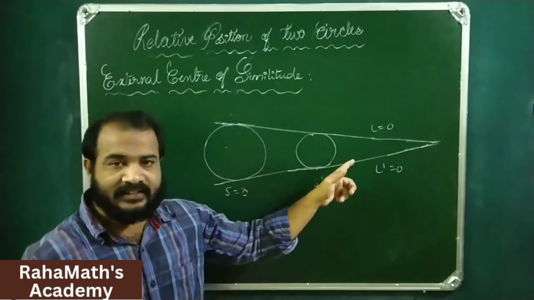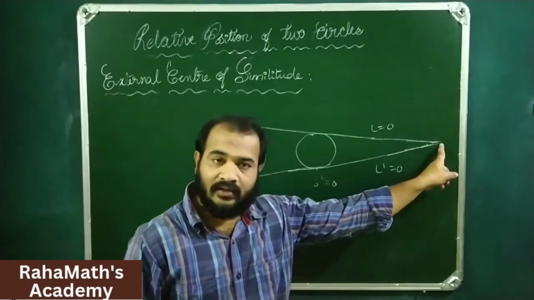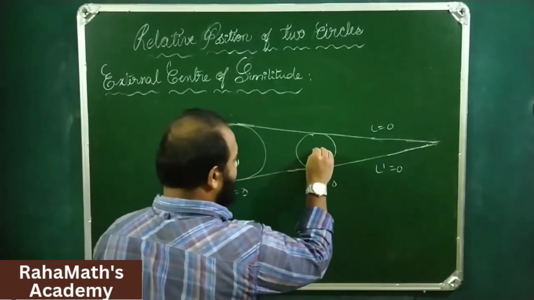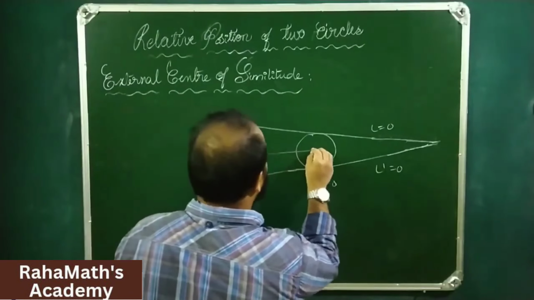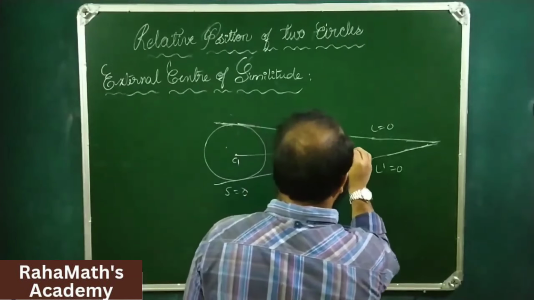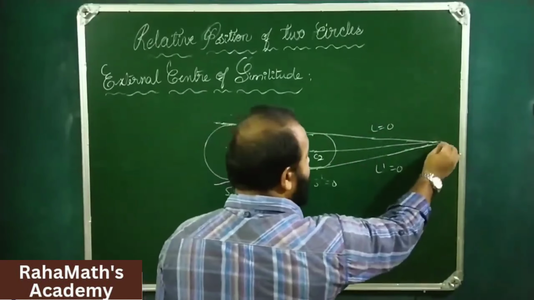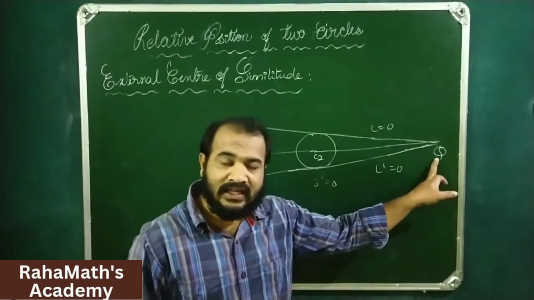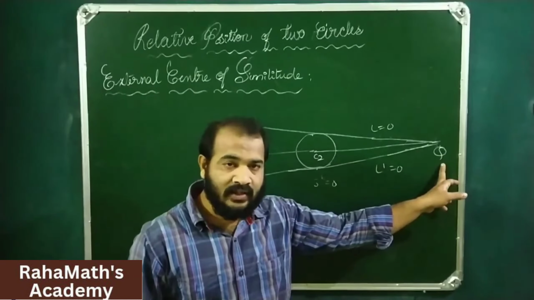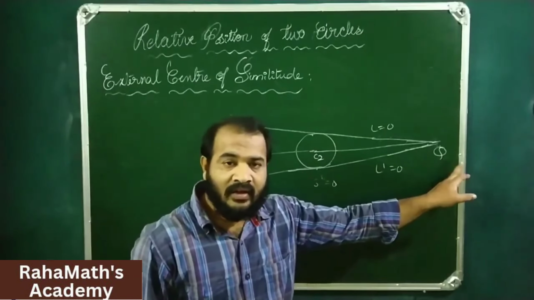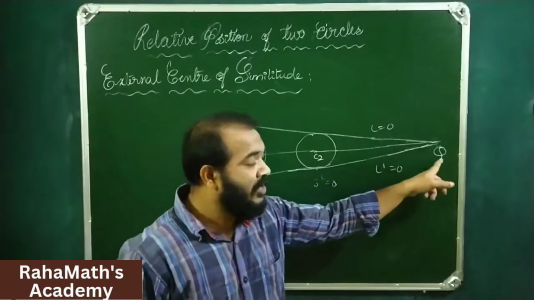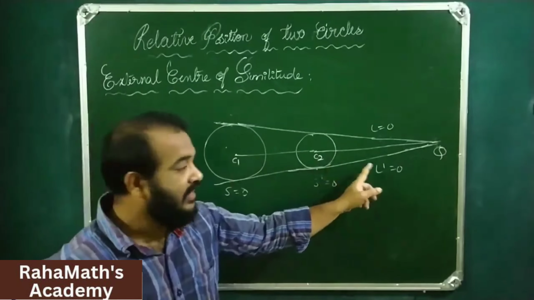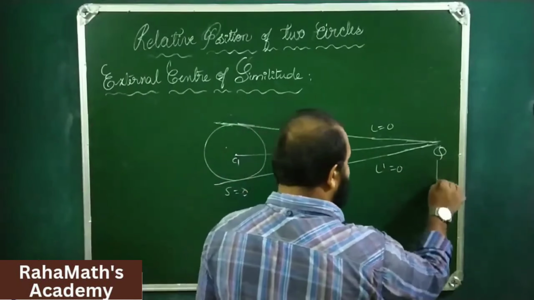These direct common tangents are meeting at one point. For example, this is C1 and this is C2, so this is the line joining C1 C2. If I extend it, let us take the point Q. The point Q is lying on the external part of the line joining the two centers. That is why it is said to be the external center of similitude.